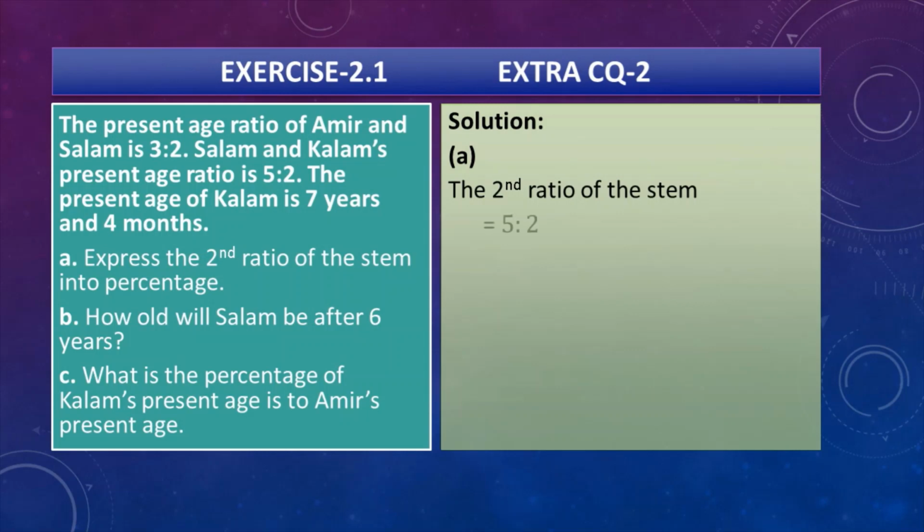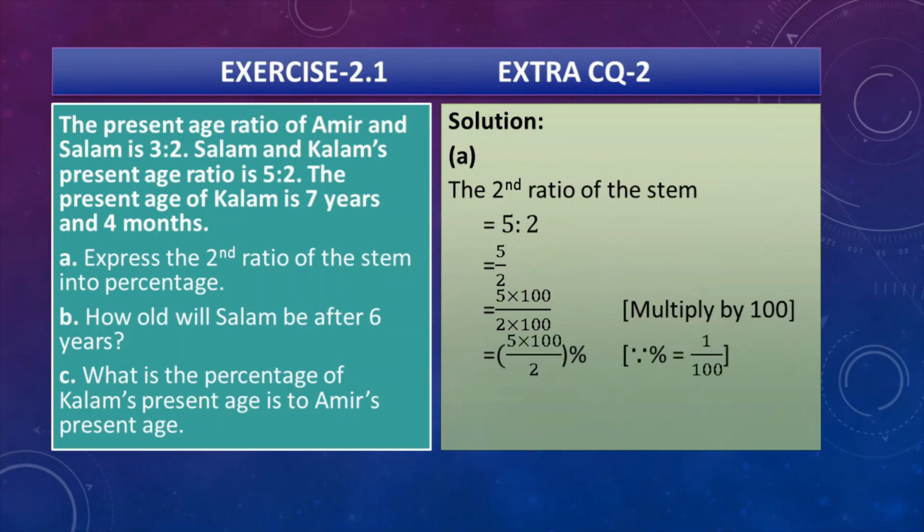So the second ratio of the stem, 5:2, as you can see in the stem. Salam and Kalam's present age ratio is 5:2, that is the second ratio. So we can write down 5 divided by 2. And after that, when you want to make percentage, then we have to multiply the antecedent with 100 and the subsequent also 100. So multiply by 100 both antecedent and the subsequent.